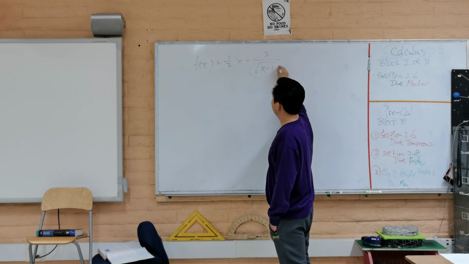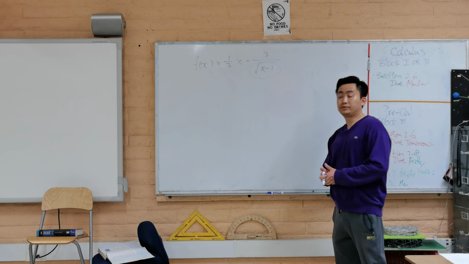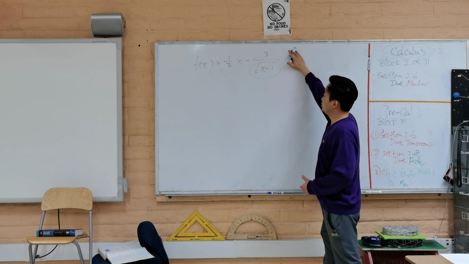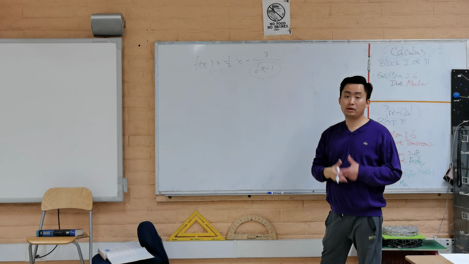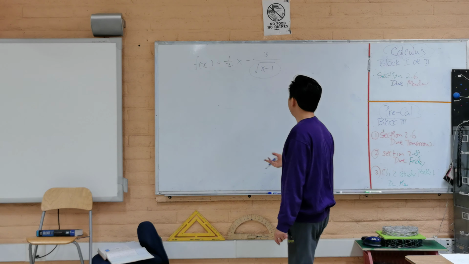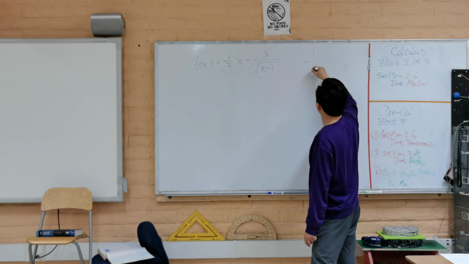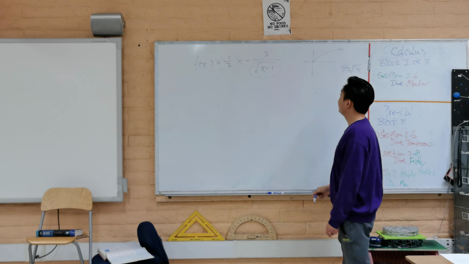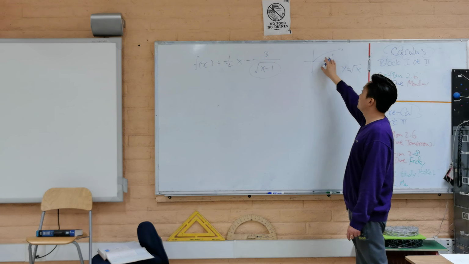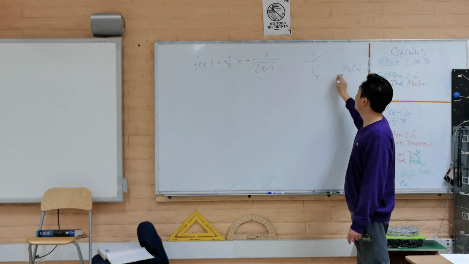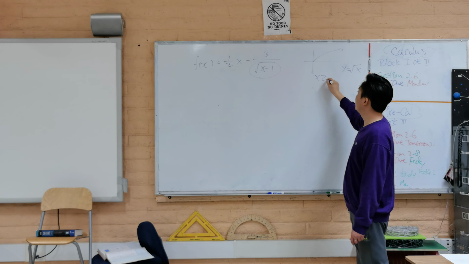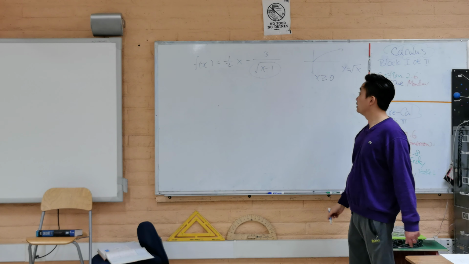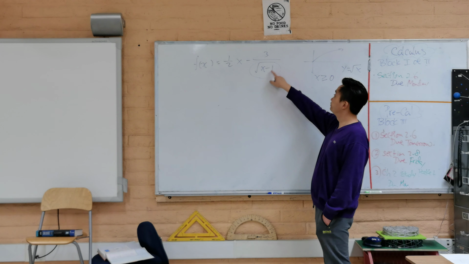But the problem is right here. The whole thing here is not just considered rational, but also in the denominator, it's a radical. So back to the parent graph for the radical, y equals square root of x. As you can see here, the quantity, the radicand, is always greater than or equal to 0. But now, here's the thing.